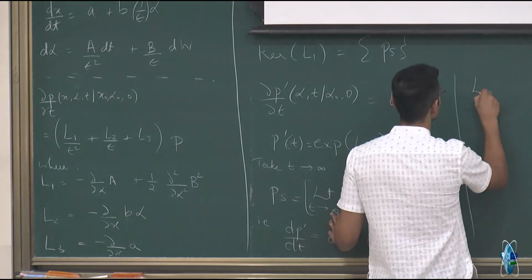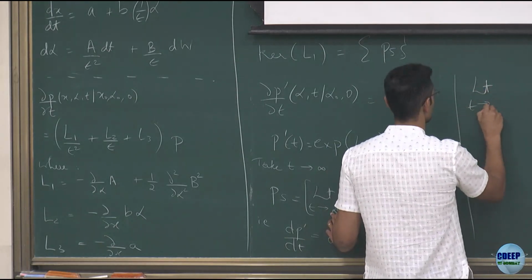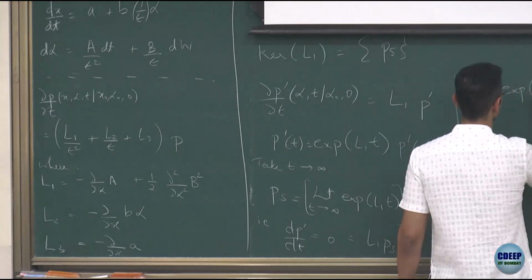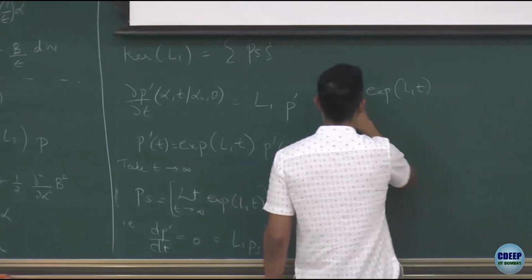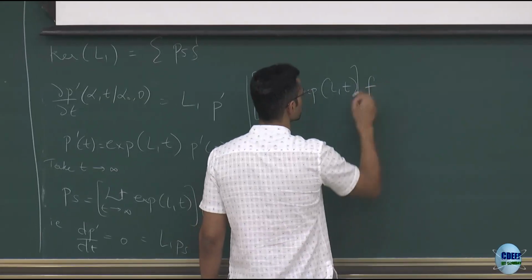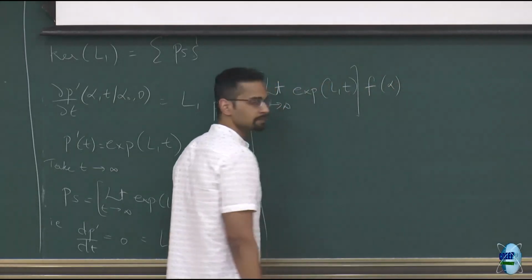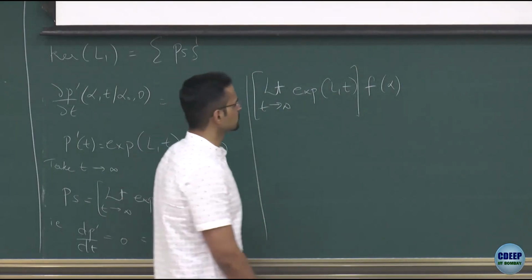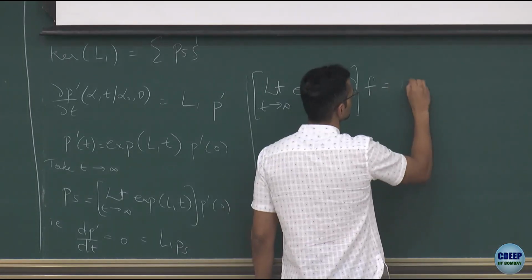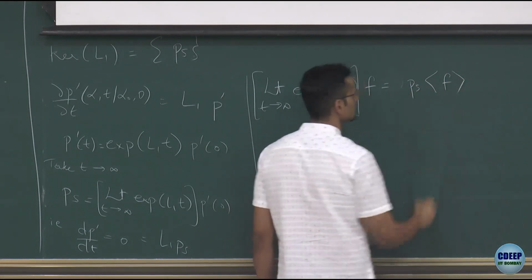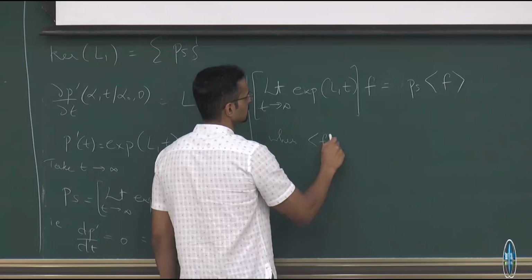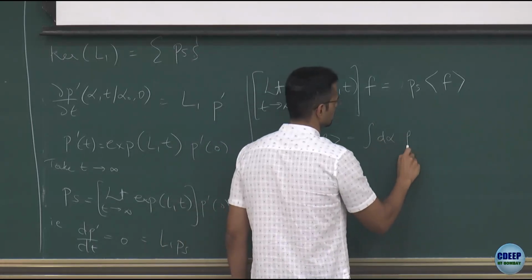So what it tells me is if I have this guy, and I act on some function f, because in the alpha space, I will get PS times this, where that just means I'm taking the integral over alpha.